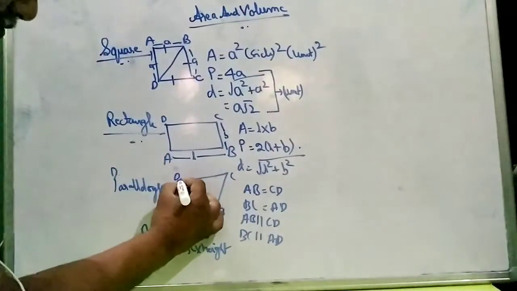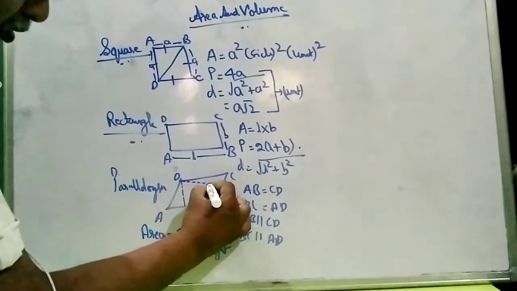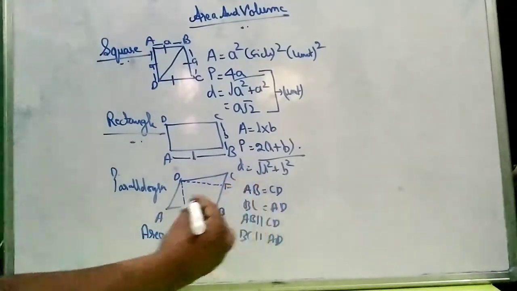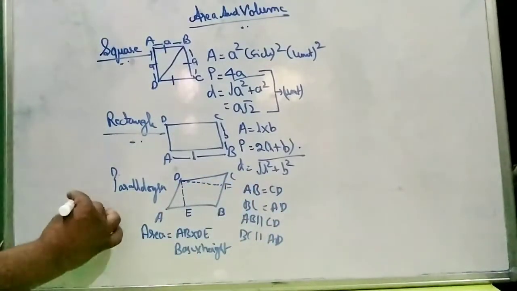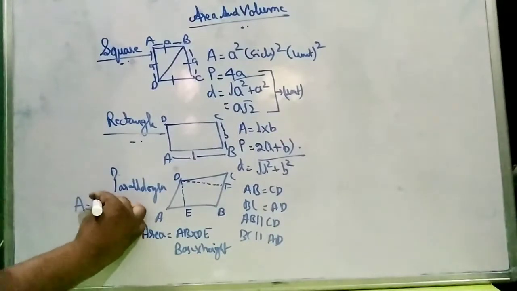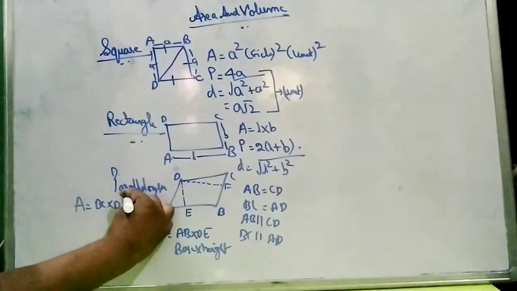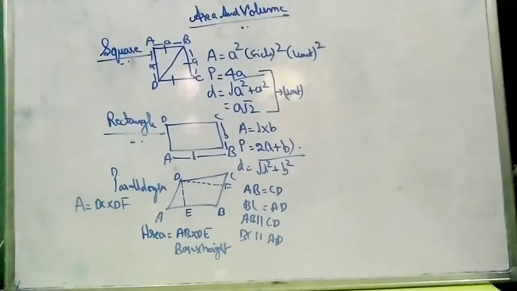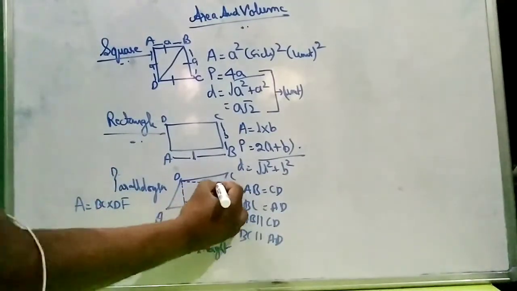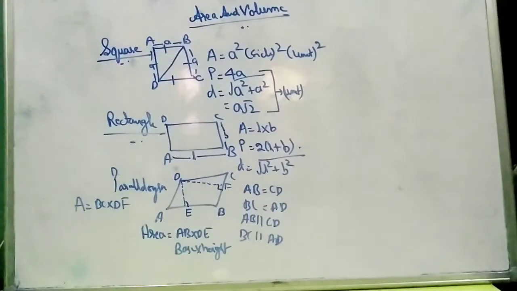In the same way, if the perpendicular from the same point is dropped on the base BC, the formula for area will become BC into DF. So the general formula is base into height, and where the perpendicular is dropped, that will be considered as the base.